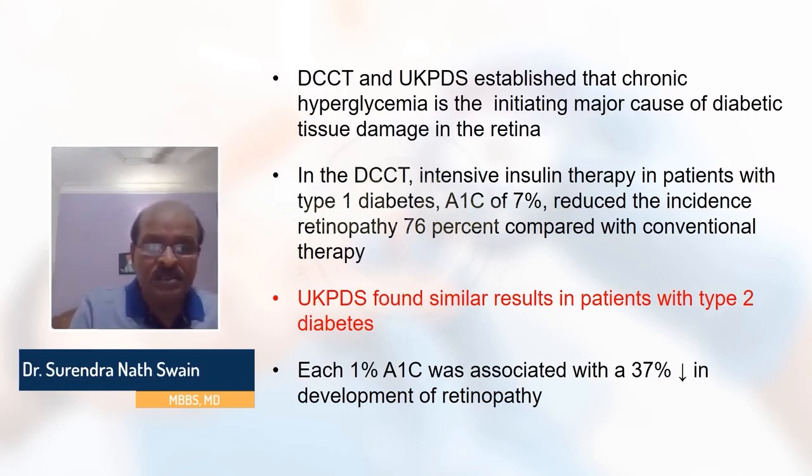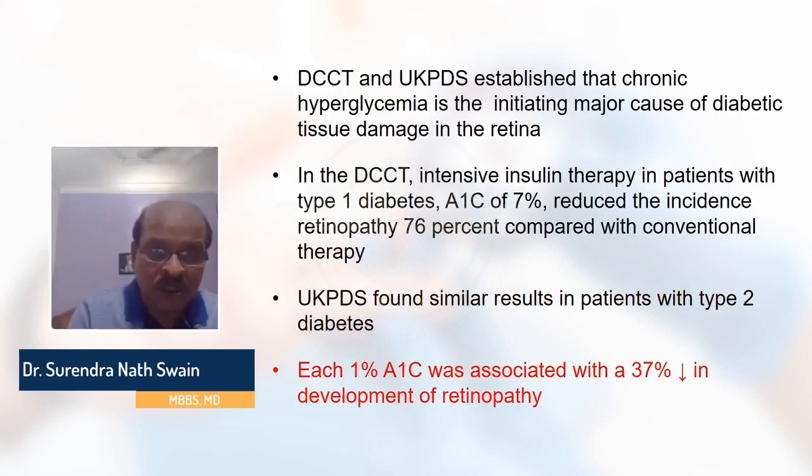Similar glycemic control, early insulin therapy or proper use of oral hypoglycemic agents, proper follow-up and good HbA1c will definitely give a better result and regression of diabetic retinopathy. The duration of diabetes is also very important, and the duration of glycemic control is also to be emphasized. Each 1% of HbA1c was associated with a 37% decrease in development of retinopathy.